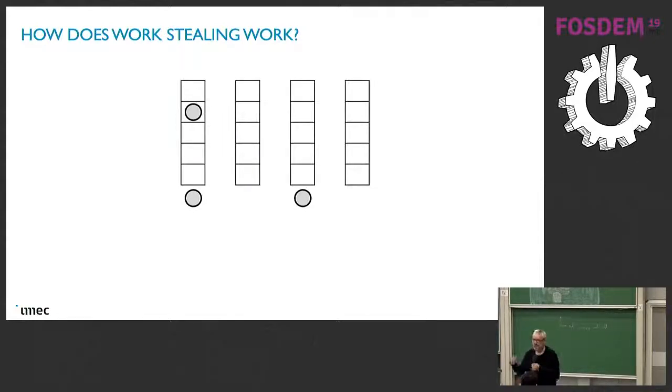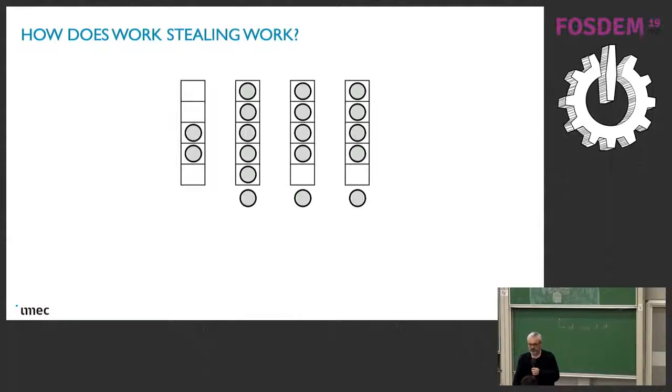In the next step, the original core creates another task, and some other core randomly gets that task by just stealing it from the first core, and so on. Once every core is busy, they just continue to work on their own tasks, creating new tasks, finishing other tasks, until one core may be empty, and then it just starts looking again.